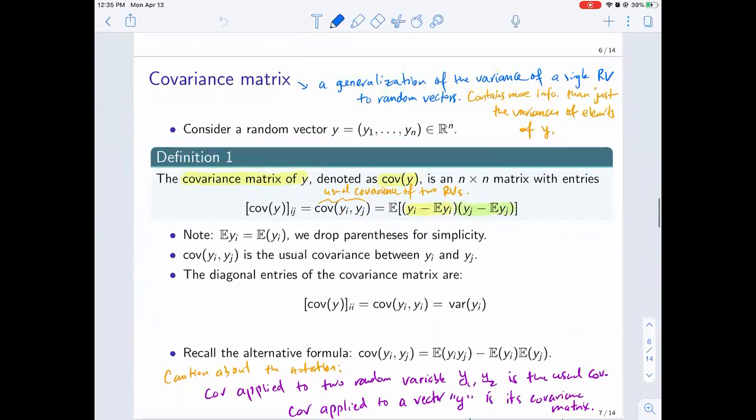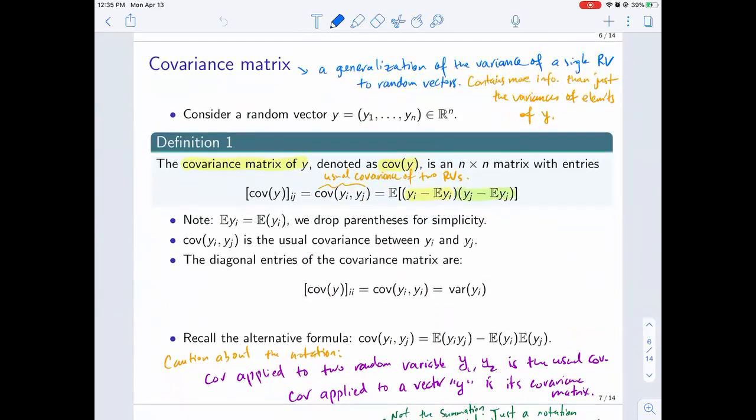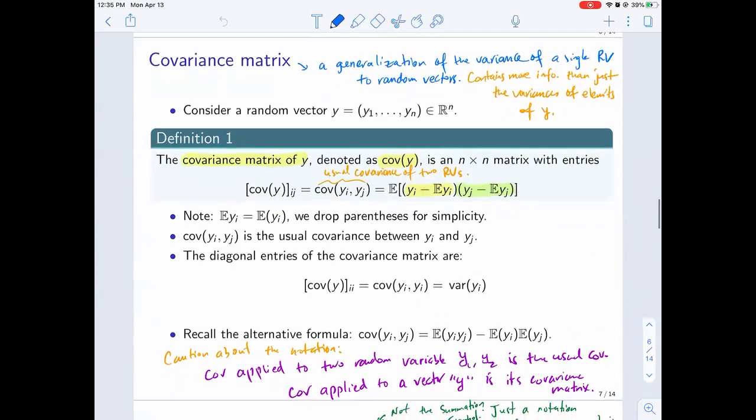What we started talking about last time was the idea of a covariance matrix. A covariance matrix is defined as containing the pairwise covariances of the elements of a vector. So you have this vector, there's a pairwise covariance, and you record it and put it in this matrix.